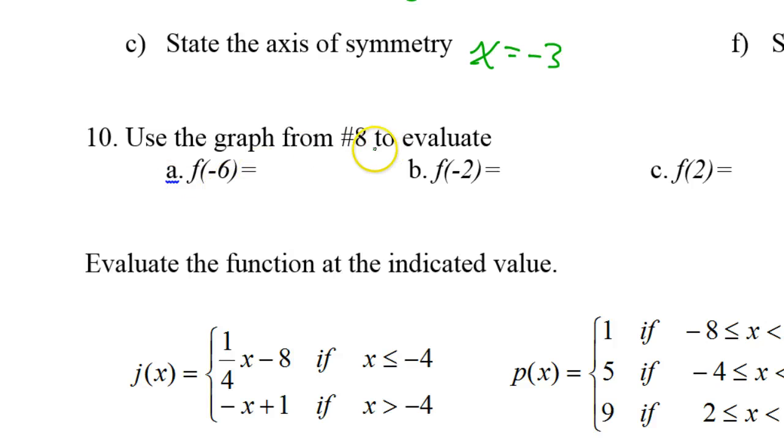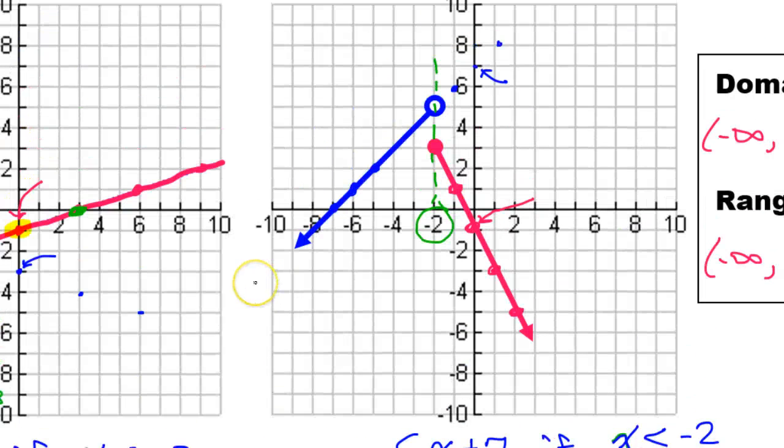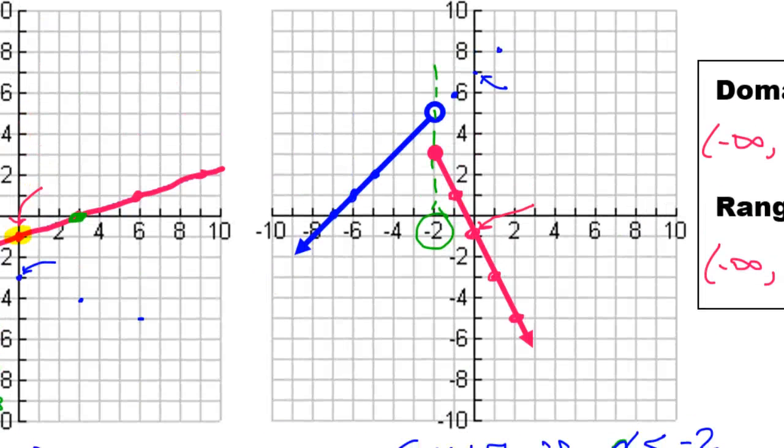Now, we're going to use problem number 8 to evaluate. Keep the -6 in mind. And remember that these are each x values. So I'm going to go to an x value of -6. All right, just let me clean this up a little bit.